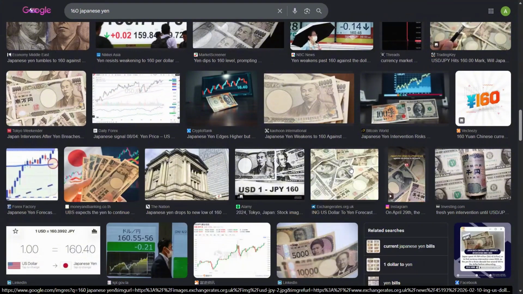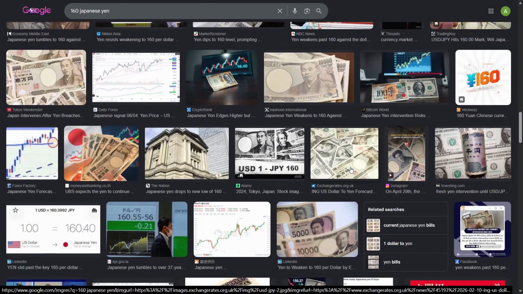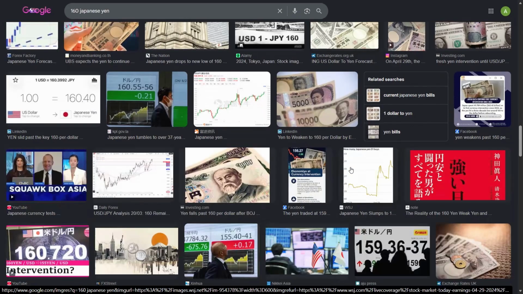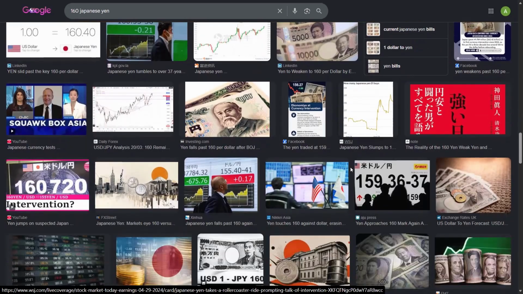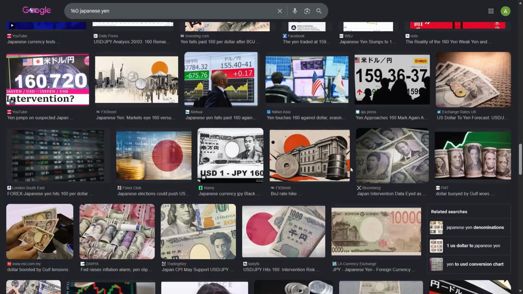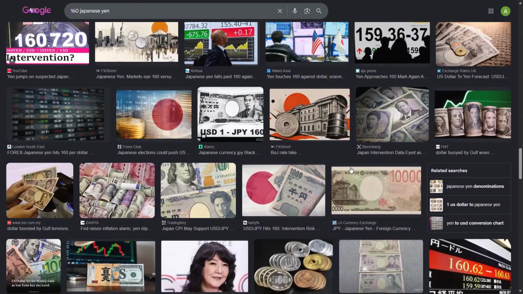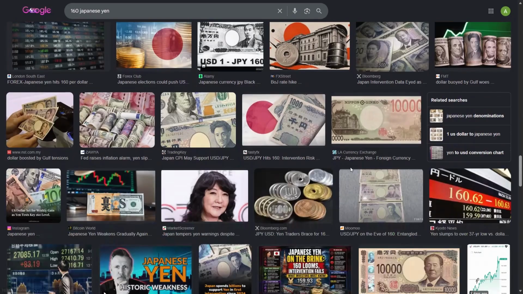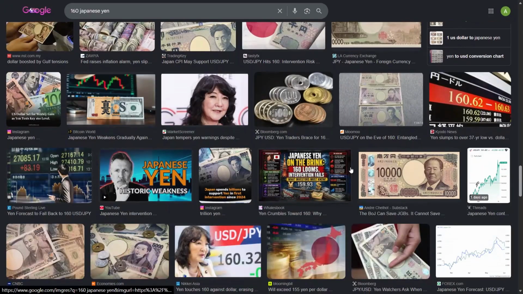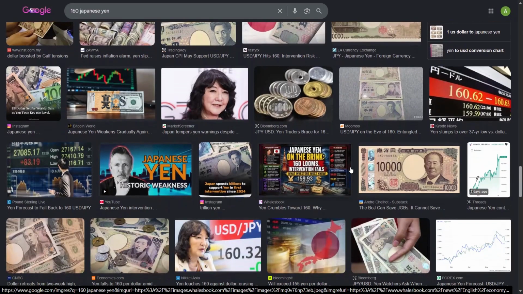It makes sense. But now that's where the Japanese economy stands. They even have a 10,000 note.